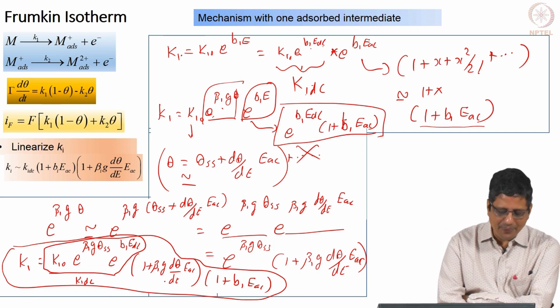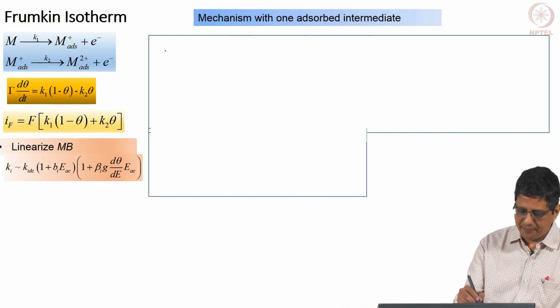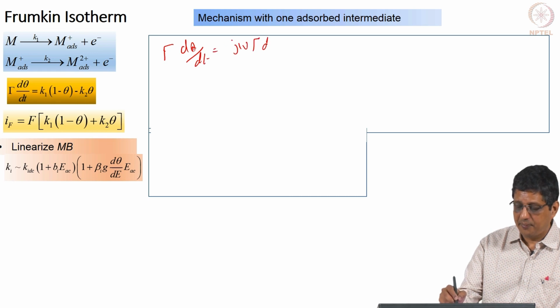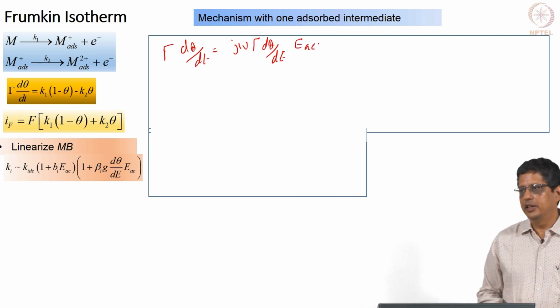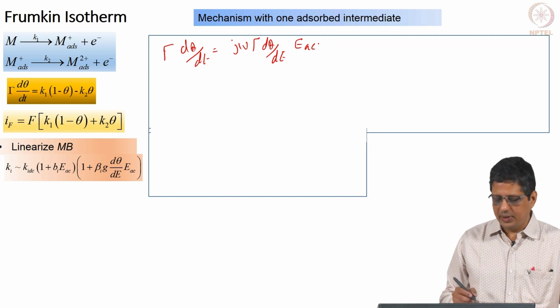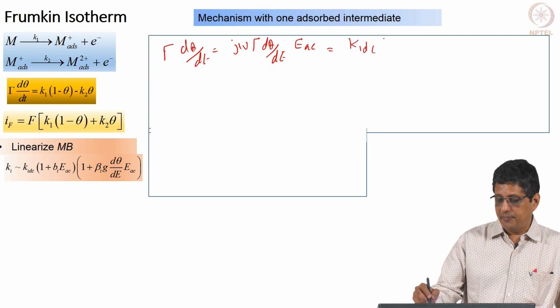So, I would like you to write this equation. The left hand side is going to be similar to what we had done before. The right hand side is going to be a little more complex.